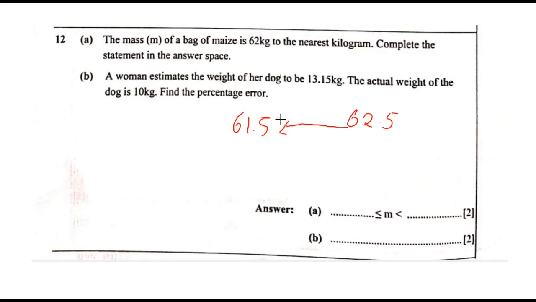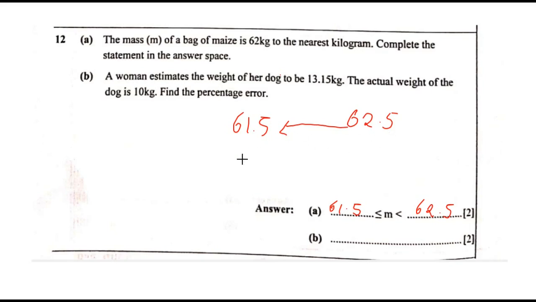So if we are less than 62.5 but equal to or greater than 61.5, that means the nearest we can go is 62. So here we have 61.5 should be less than or equal to the mass, which should be less than, not equal to, less than 62.5.